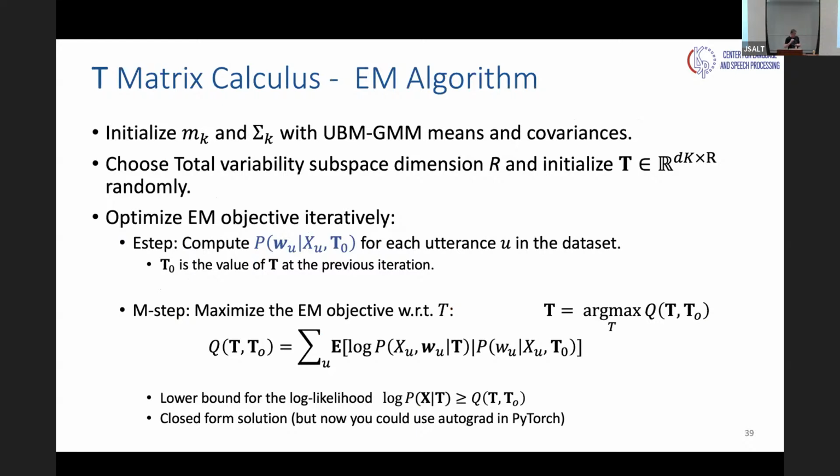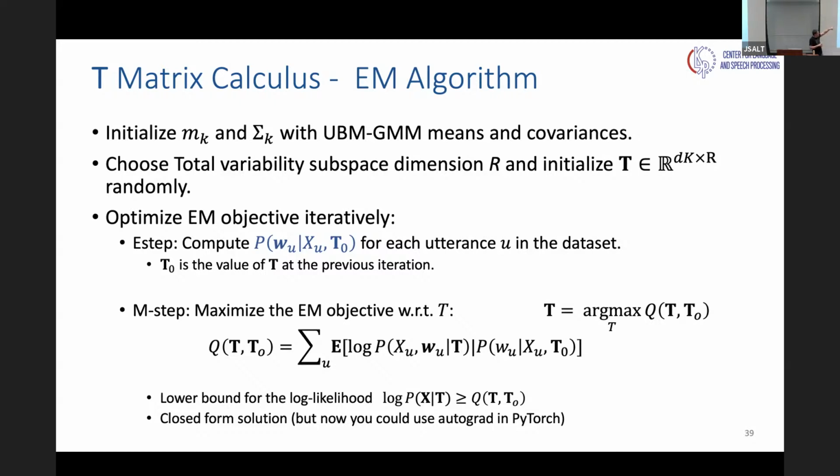Okay. And then to calculate the T matrix, what you will use is the expectation maximization algorithm. So what you do is you initialize N_k and sigma_k with the universal background model means, as I was explaining before.